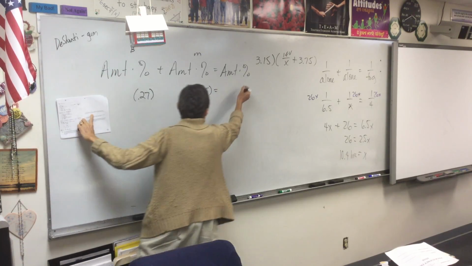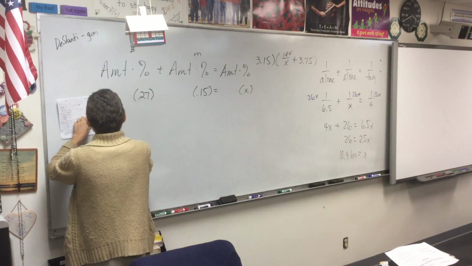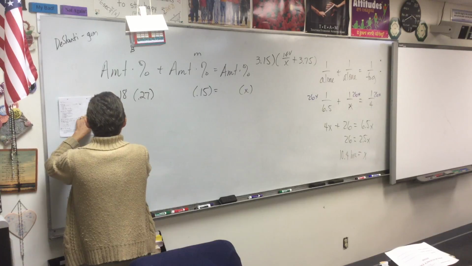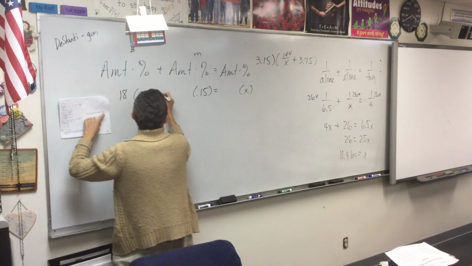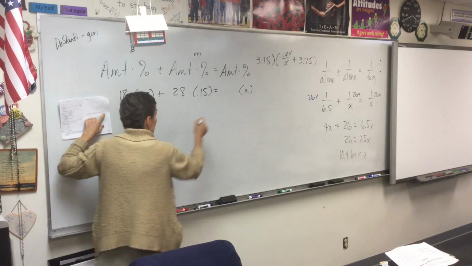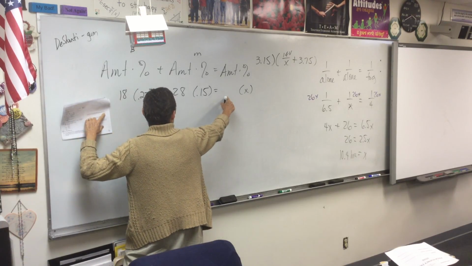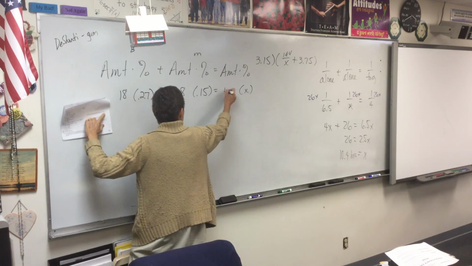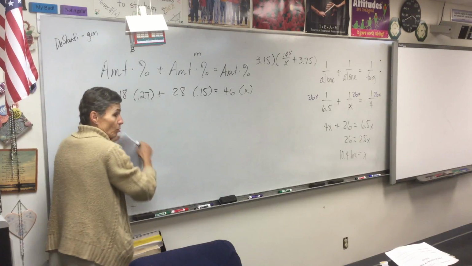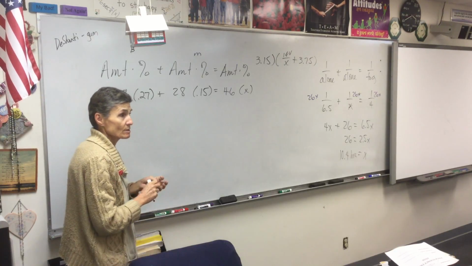And I don't know the percentage of the final mixture, but I know that Bob is giving 18 ounces, and Max is giving 28 ounces. So what goes here? 46. If somebody's dumping in 18 and somebody else is dumping in 28, doesn't that give us 46 ounces?